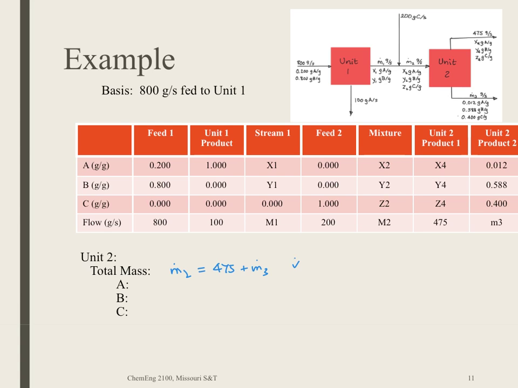I know all of those, so this just simply allows me to check. x2 M dot 2 equals x4 times 475 plus 0.012 times M dot 3. And again, this all just allows me to check. And I could go through and do all of those if I wished, but they're all just simply going to check. It's a good thing to do, though, where you check your work.